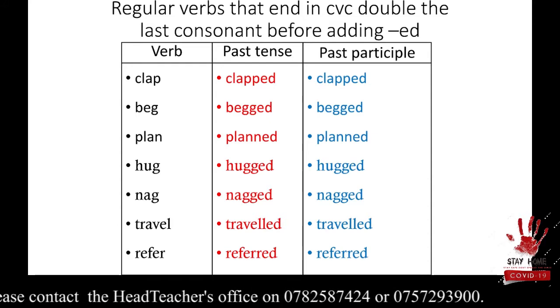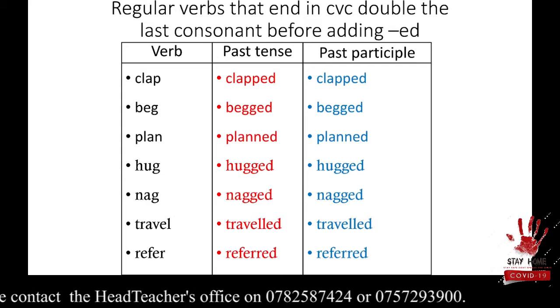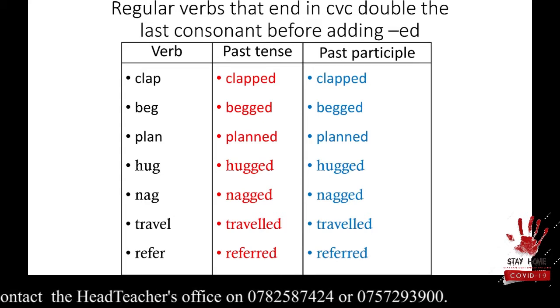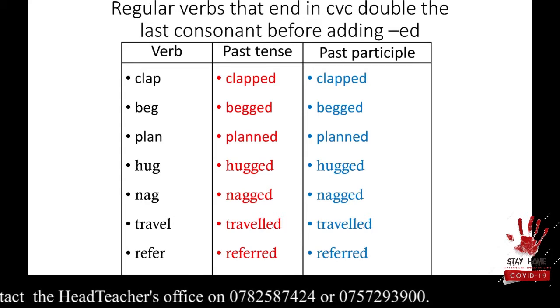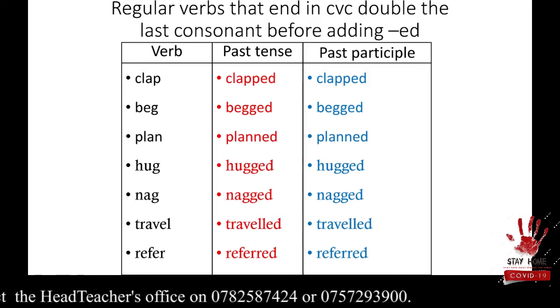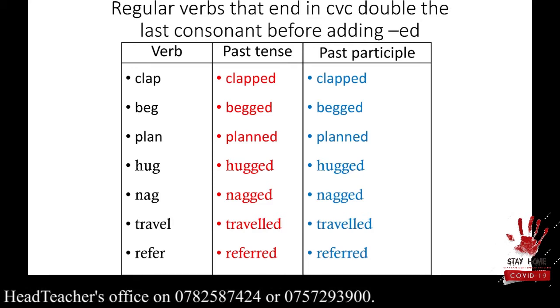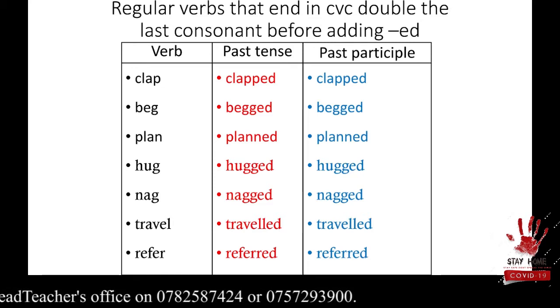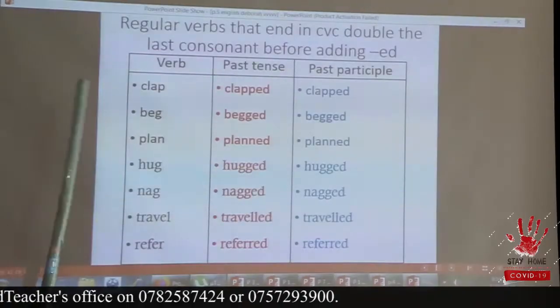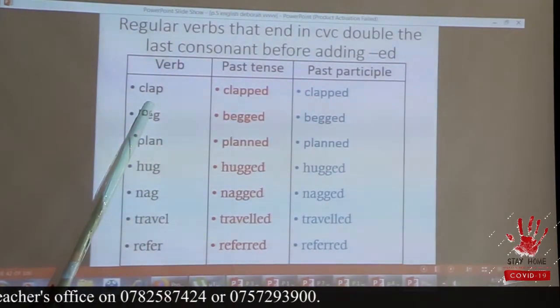Remember, we said this best form can be used in present tense when you're talking about plural, the first person pronouns I, we, then the second person pronoun you, and in plurals. You can also use it with modal verbs. So the word clap, we have already looked at it.